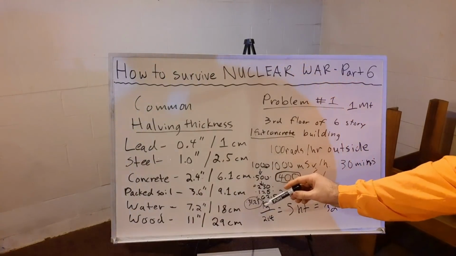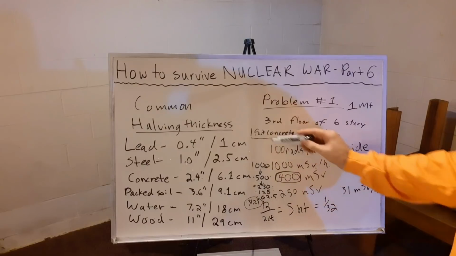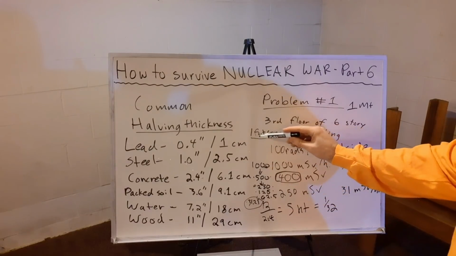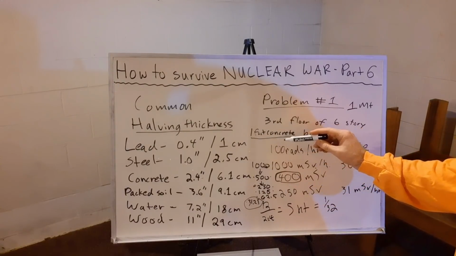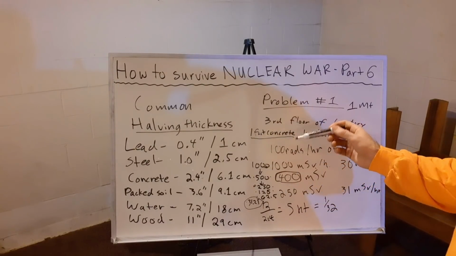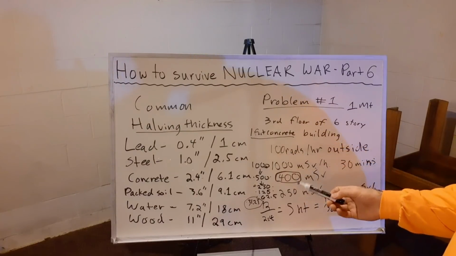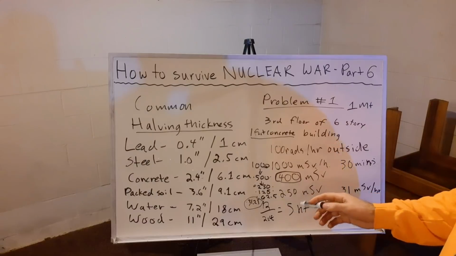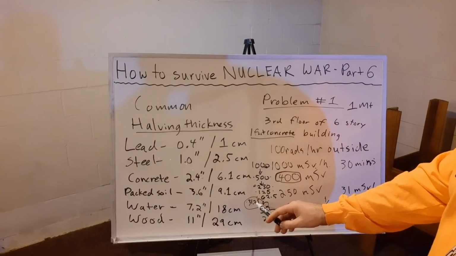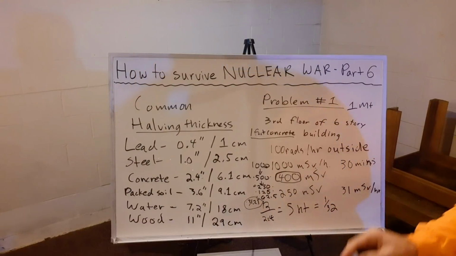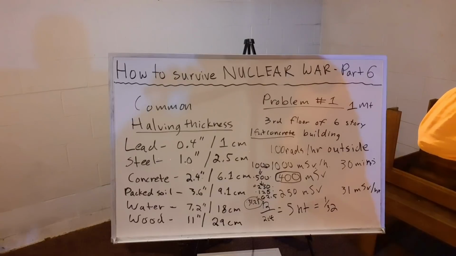So you see the huge difference that the 1 foot reinforced concrete wall of that apartment building or office building, whatever it is, skyscraper, makes. It reduces the radiation significantly, to only 31.25 millisieverts per hour.